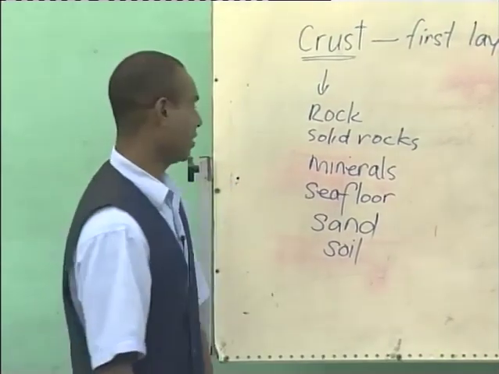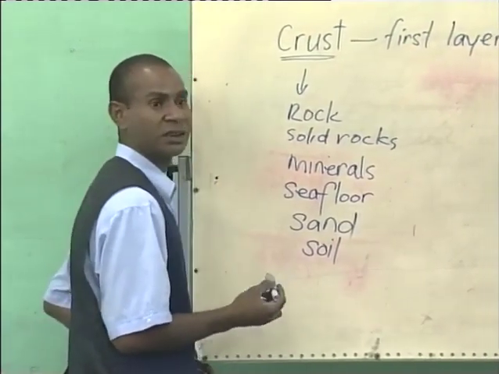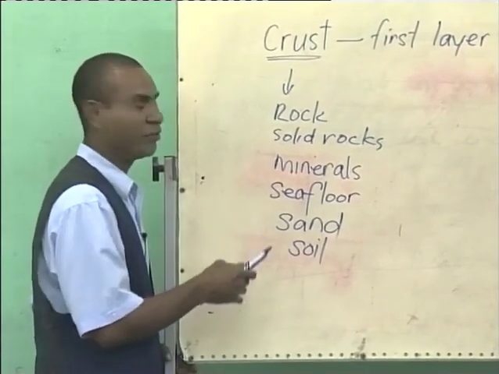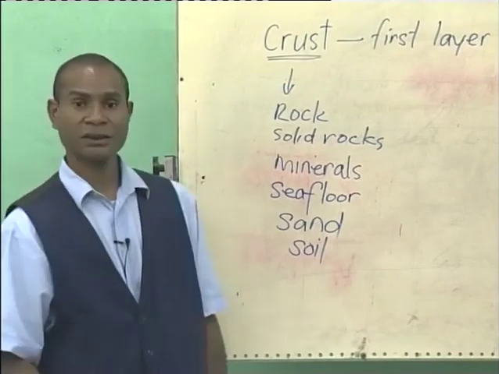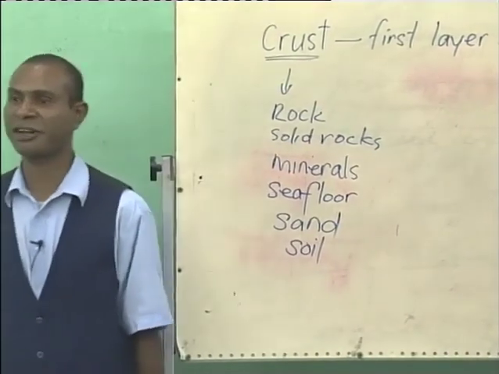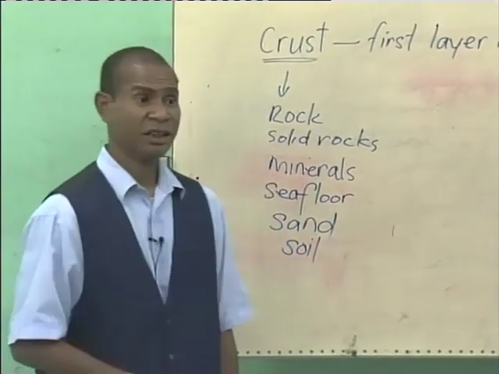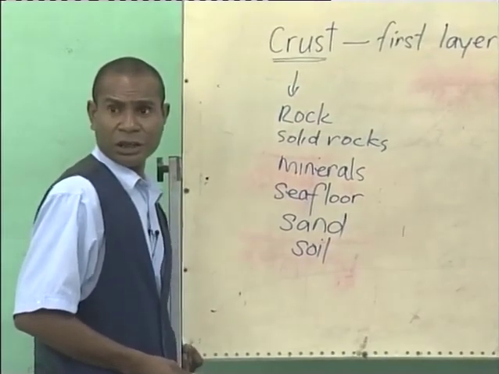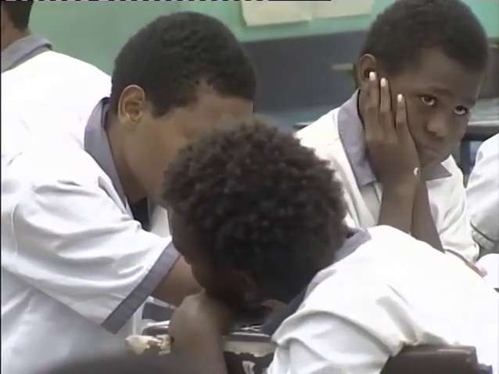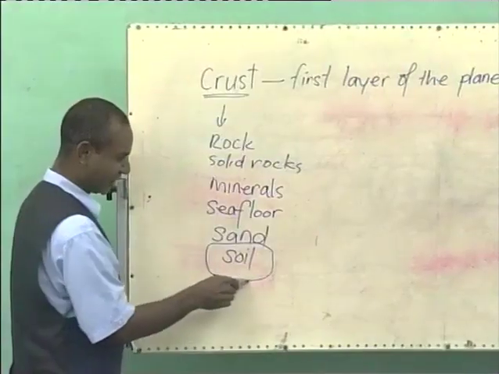The cover of the Earth's crust is mostly covered by one of these 6 things that your friends have named out. So, the Earth's crust, today we'll be looking at this.